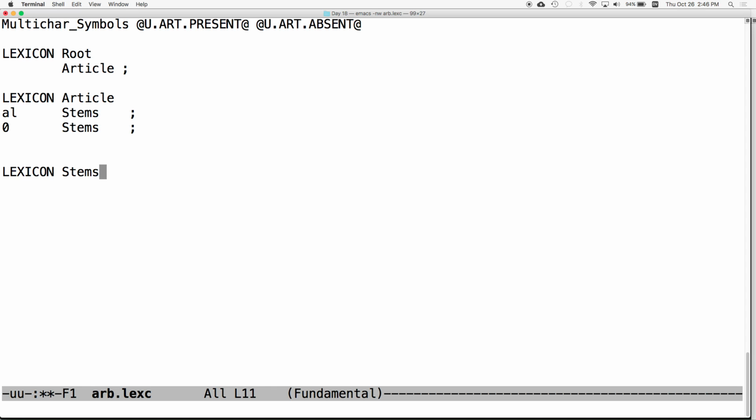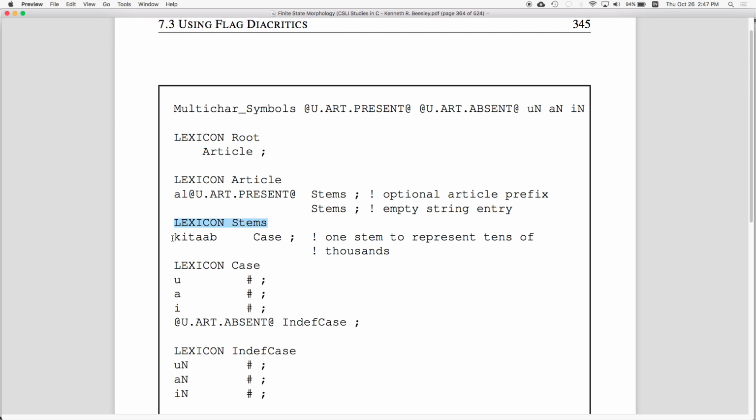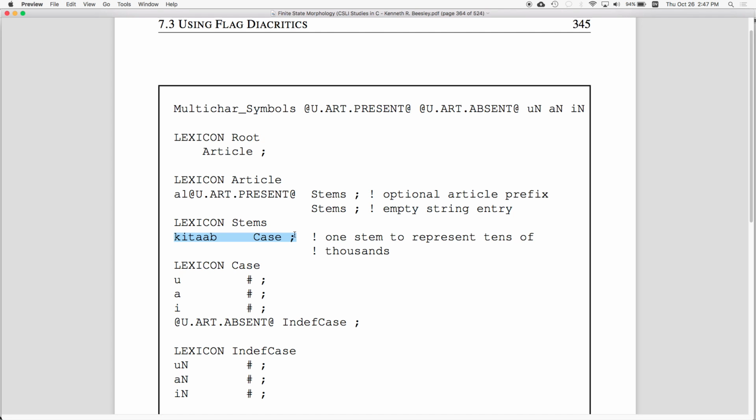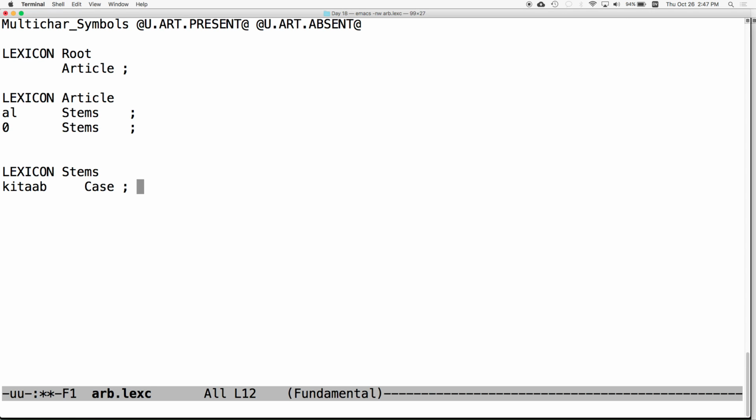We'll have one stem. A real language has more than one stem. Okay. All right, what does that mean? Book. All right, then we will put a comment, book. All right, so so far we could have al-kitab or kitab.